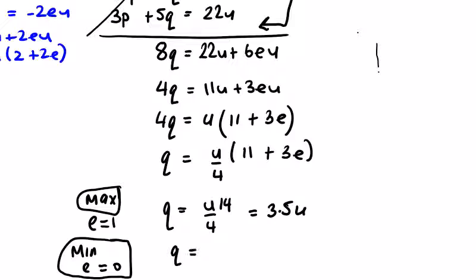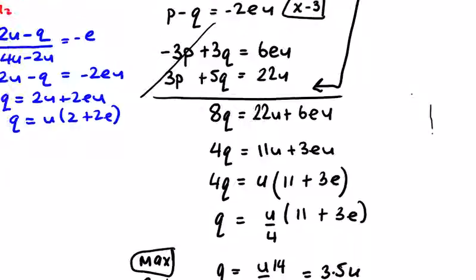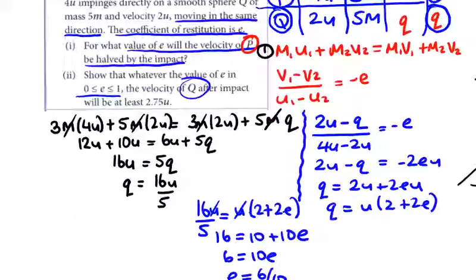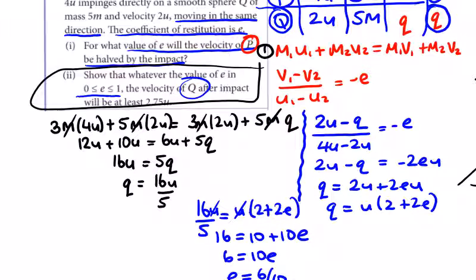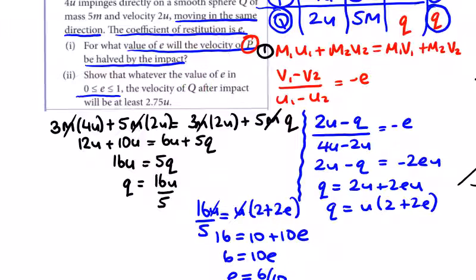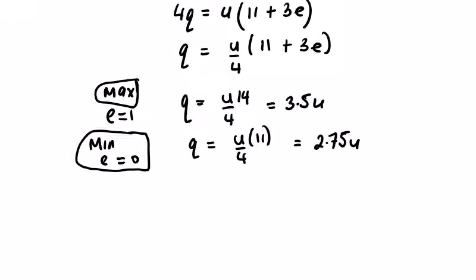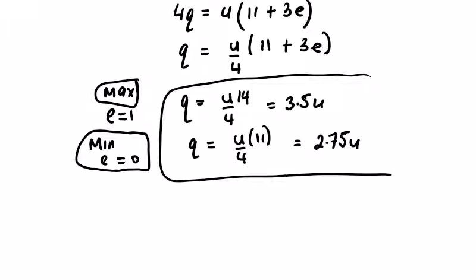We're going to get Q is equal to U over 4 just times 11 this time, which is equal to 2 3/4, 2.75U. And the question asks us to show whatever the value of E, the velocity of Q after impact will be at least 2.75, and we've shown that it's going to be between 2.75 and 3.5. So, question finished.